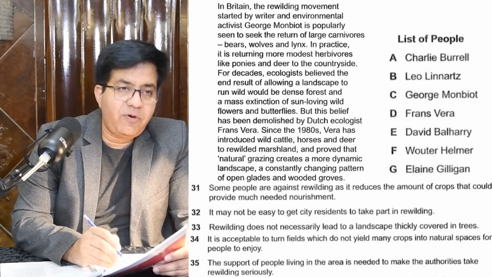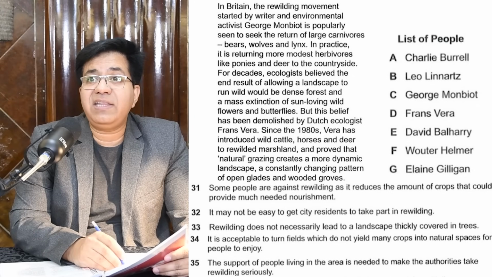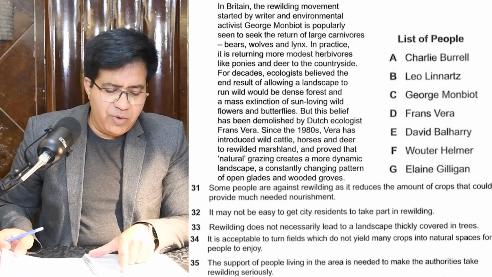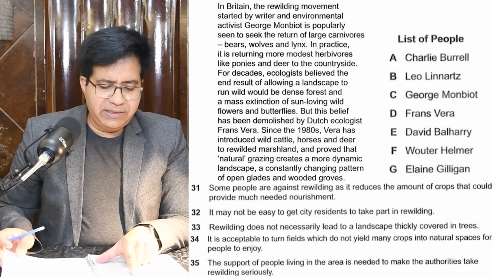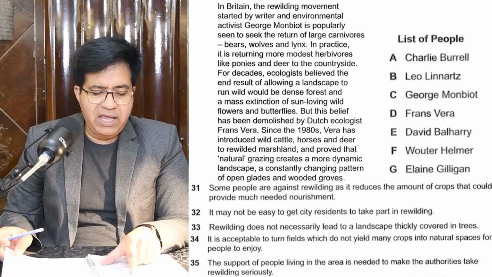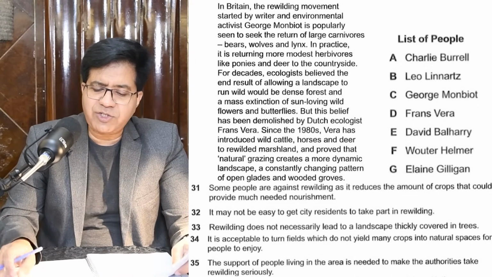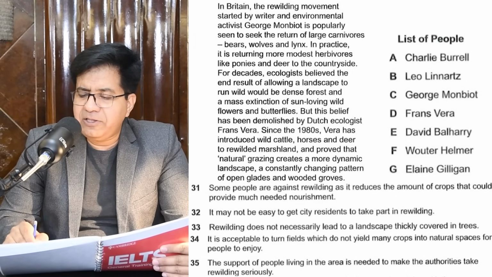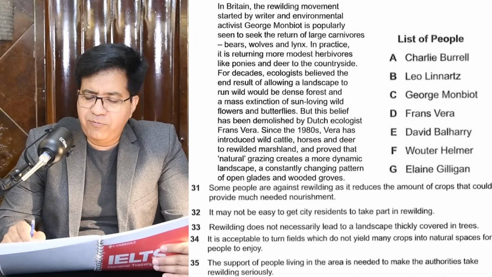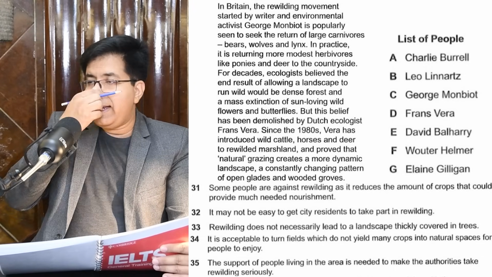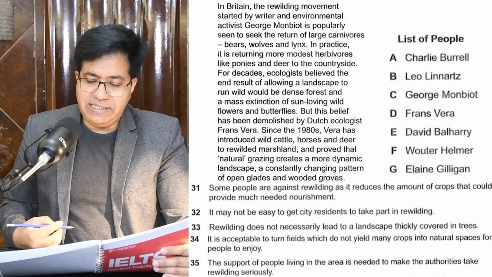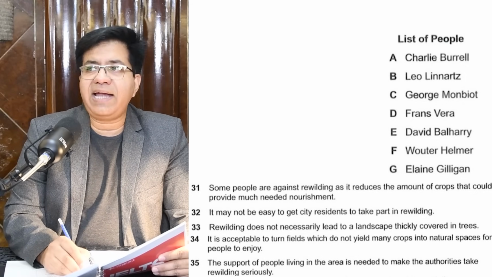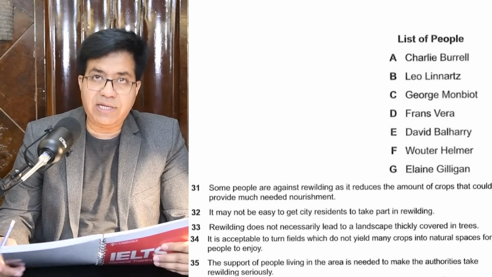What do they mean by dense forest? Thickly covered with trees. Okay, so what did he do? He demolished that idea. But this belief has been demolished by Franz Vera. So that is 33. Rewilding does not necessarily lead to a landscape thickly covered in trees. That was demolished by Franz Vera. Correct answer is option D. Got the point? Before that, ecologists believed that, but he actually broke that.